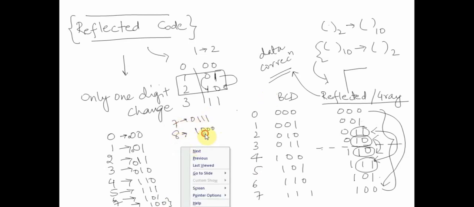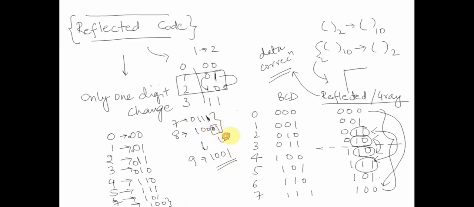What can happen is, if there's a problem in one of the digits, one of the digits gets inverted. If only the last bit is corrupted, I can end up transferring a number 9, which is 1001. This could be because the LSB takes more time to change, there are some delays.